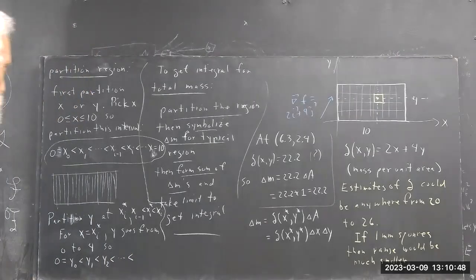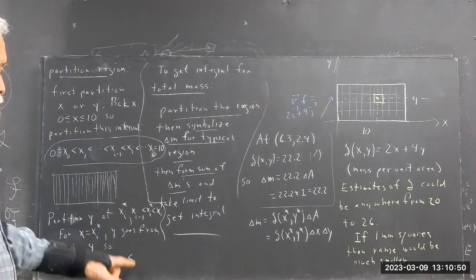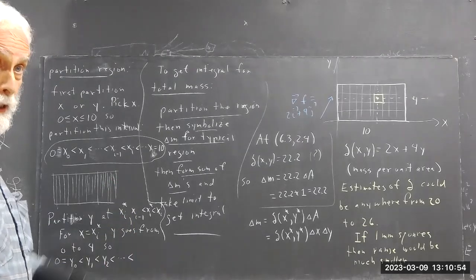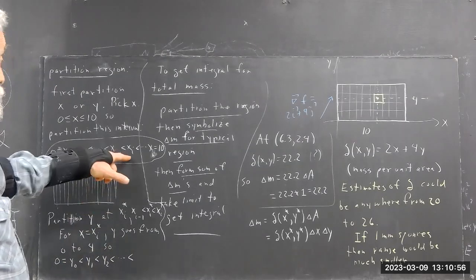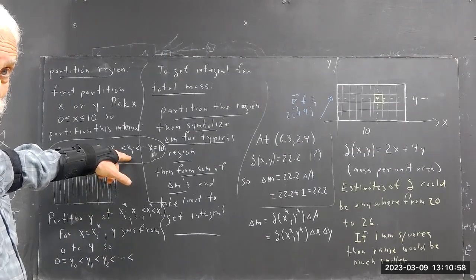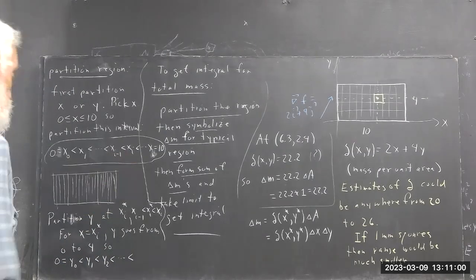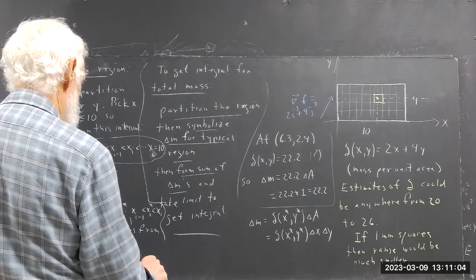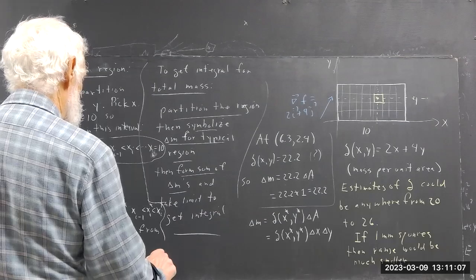Okay. You might want to say then the interval be yi minus 1, then yi. But i's already been used for X. So we're going to use J. Let's see how that works.